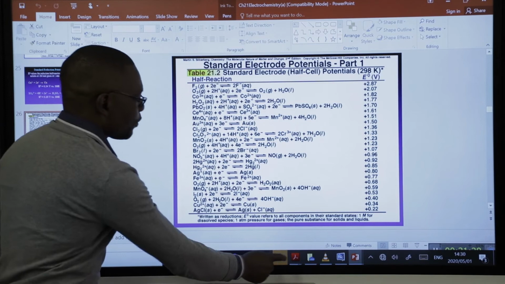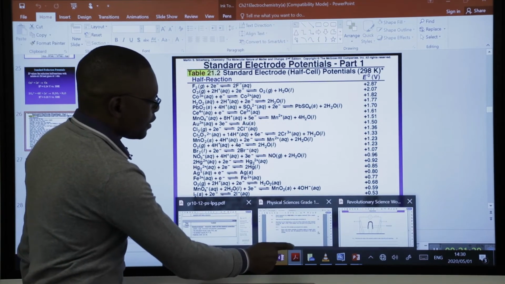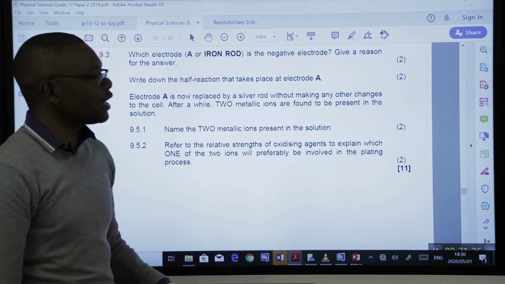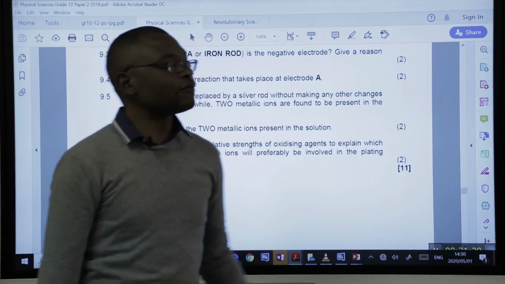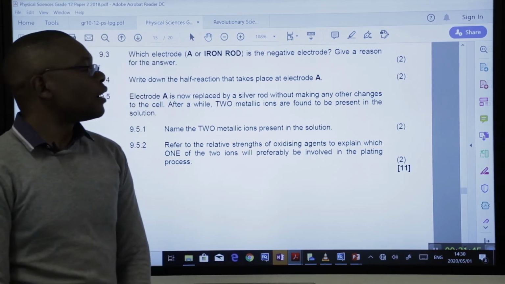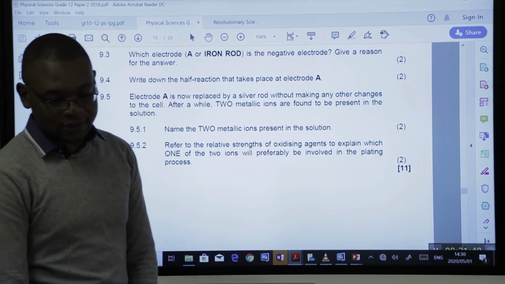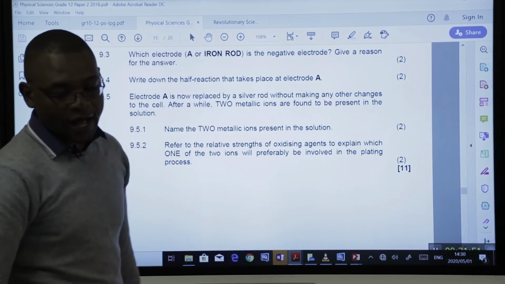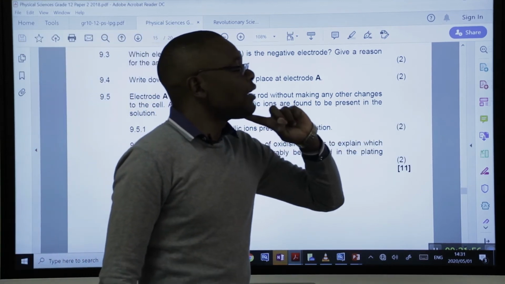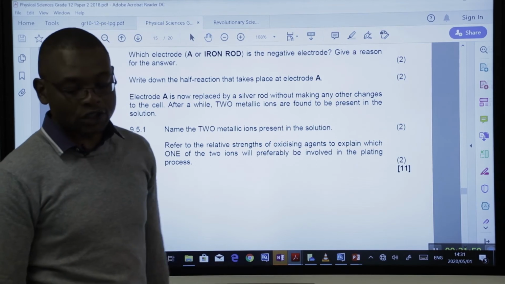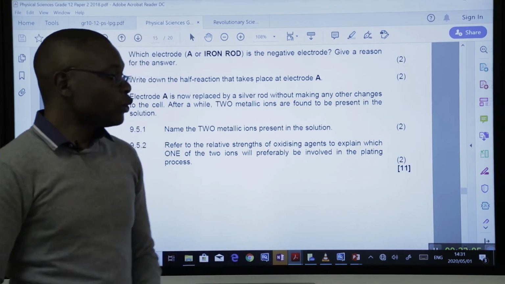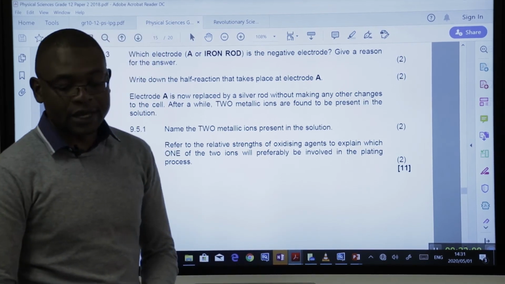So for that reason, boys and girls, to answer this specific question, if you look at the strengths of oxidizing agents, the more negative the electrode potential is, the more oxidizing it is. So we are saying silver ion is a stronger oxidizing agent because it has the most negative standard electrode potential, minus 0.8, than copper, which has a smaller value of minus 0.34.